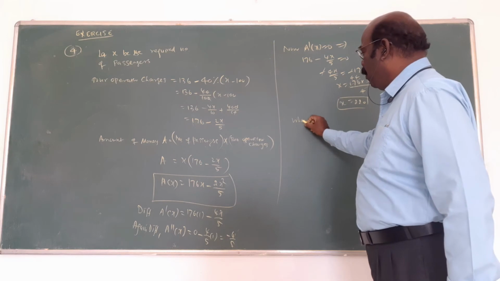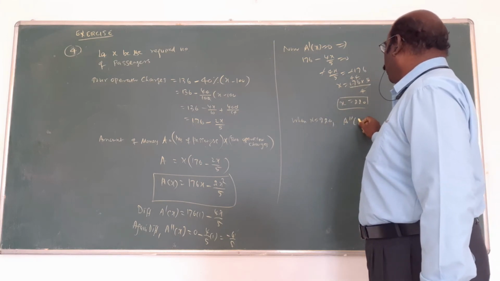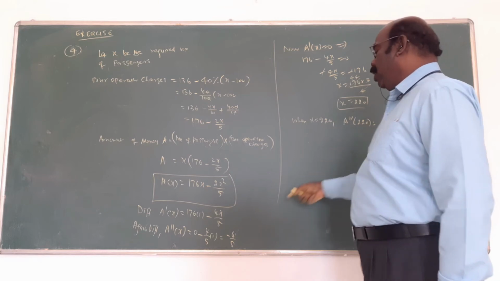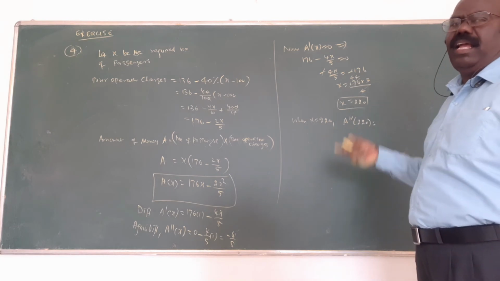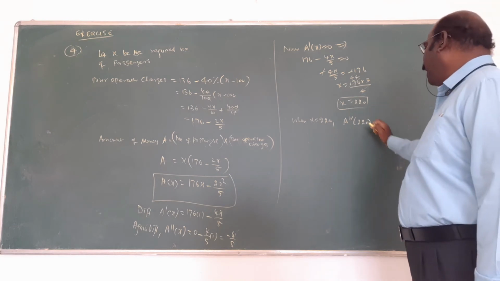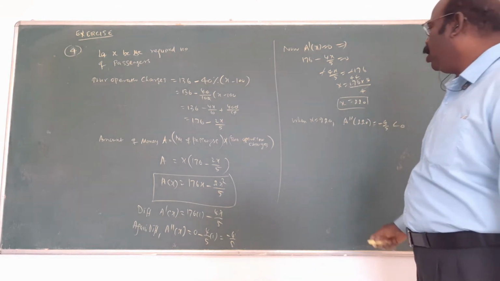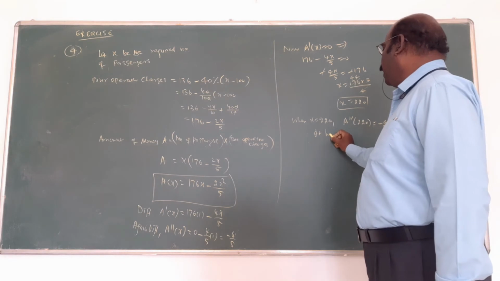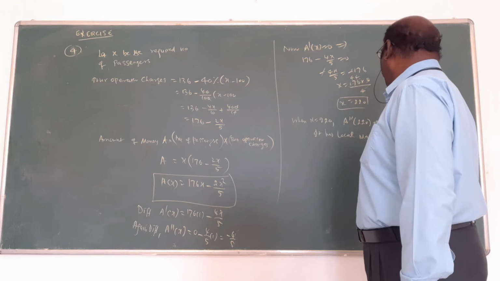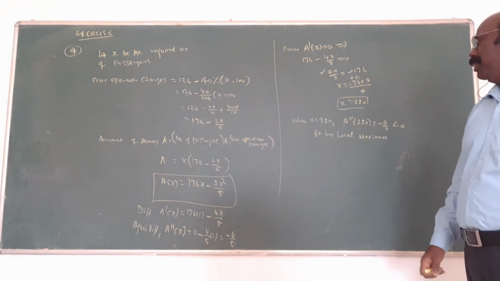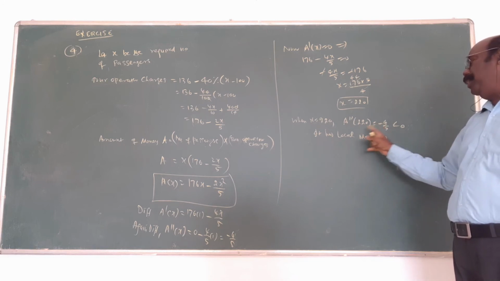Now, when x equal to 220, the double derivative has no x value. If an x value were involved, you would substitute and simplify to see whether it is negative or positive. But in this case, minus 4 by 5 is less than 0, so it is a local maximum. If it is negative it is a local maximum, positive means local minimum.